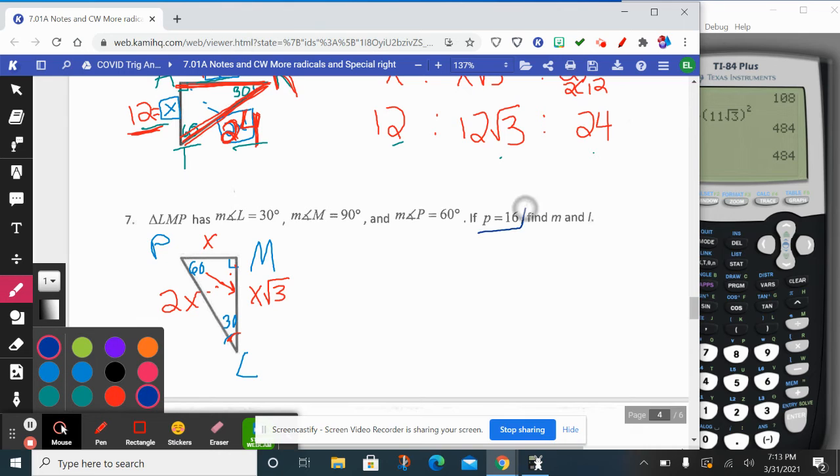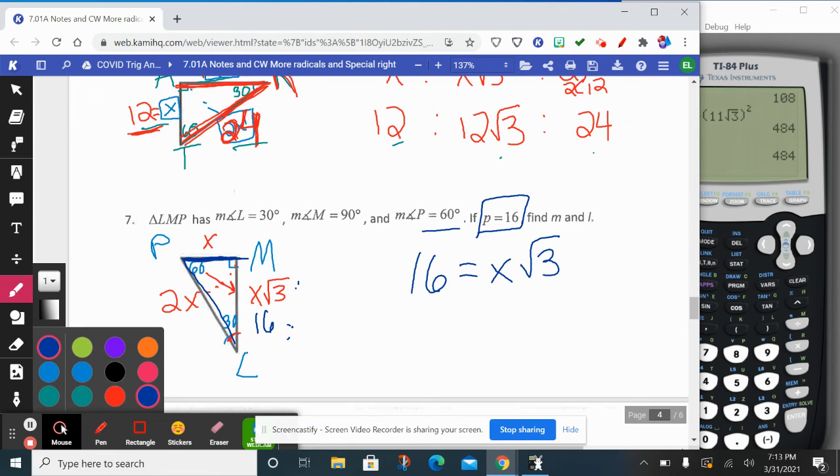The only measure given to us is little p is 16. So little p is what's across from our 60-degree angle. So 16 equals x square roots of 3.